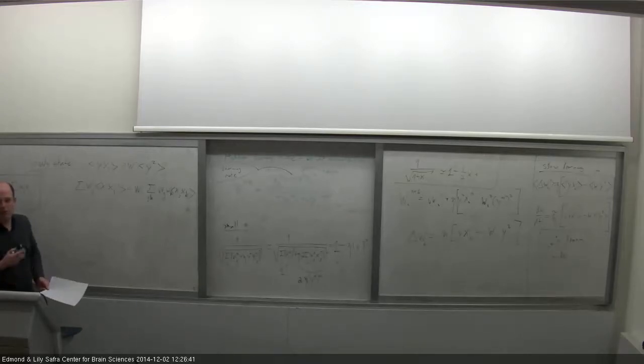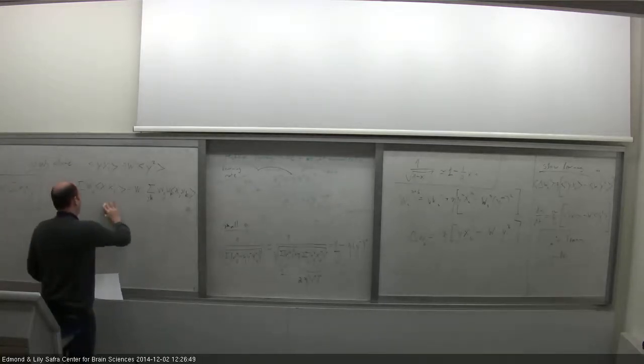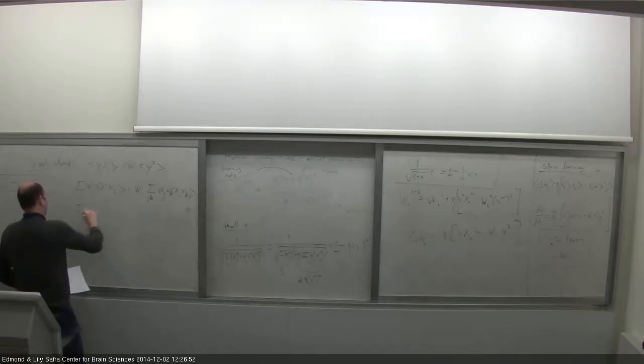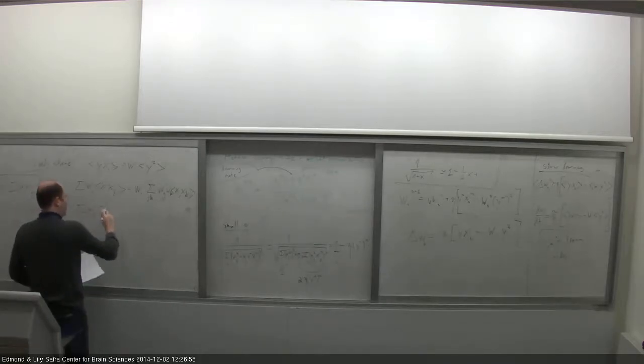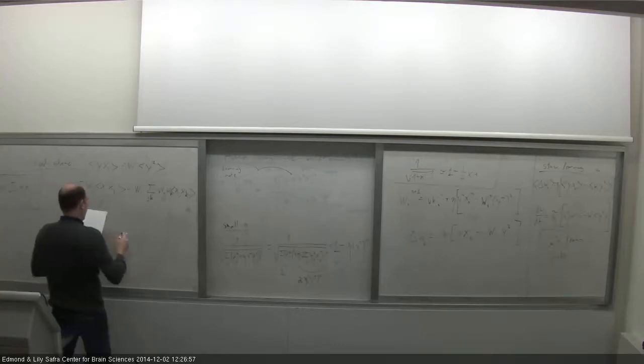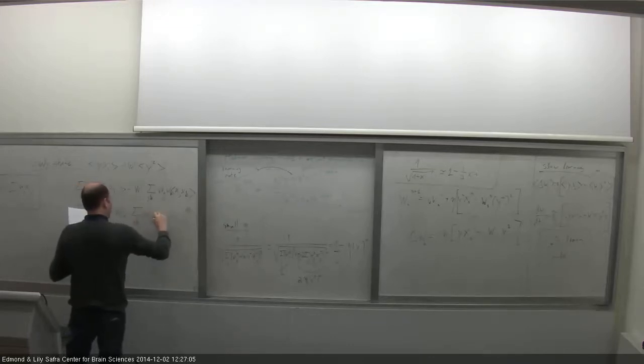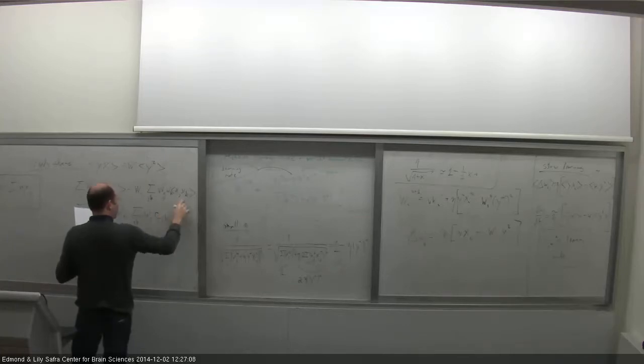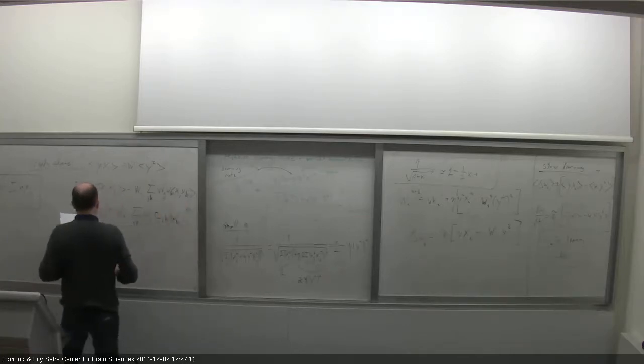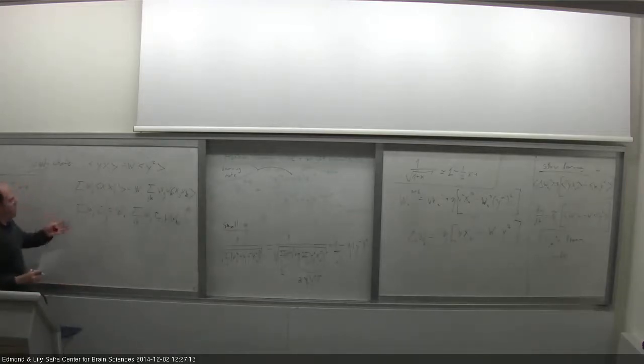This is a correlation matrix of the inputs. It describes something about the statistics of the inputs. We call this Cij. So what I have here is that the sum over j of wj Cij is equal to wi times the sum over jk of wj Cjk wk. Okay, so if the weights reach a steady state according to these dynamics, this equation should be satisfied.